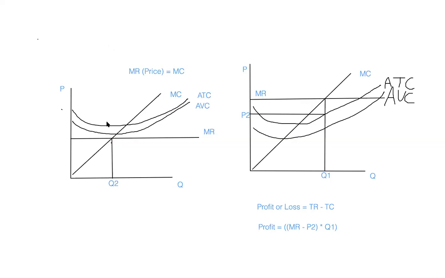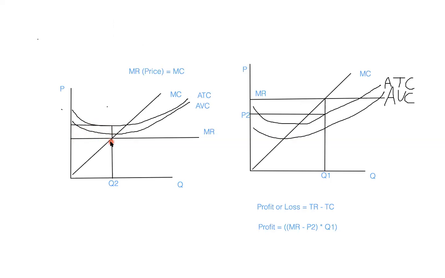And the amount of money they're losing can be determined by taking a line like this, so drawing up to the average total cost curve and drawing straight across to the price. And now we have a box, and this box represents the losses that this firm is incurring.